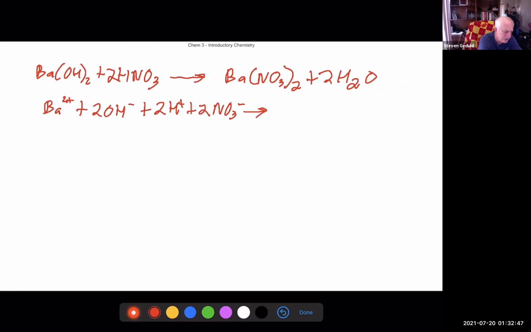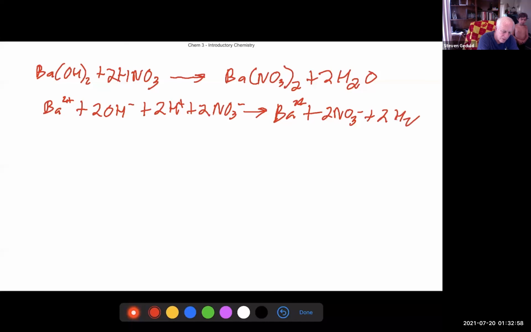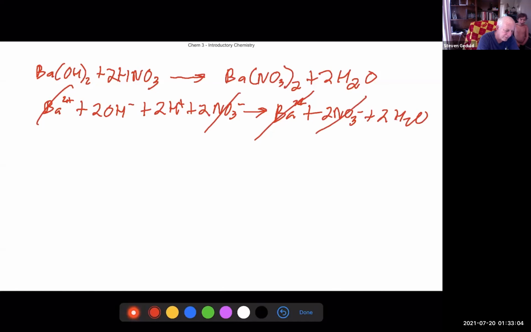And then the other one, salt breaks apart, Ba2+ plus 2 NO3 minus plus 2 H2O. And again, get rid of the spectator ions, and you're left with H+ plus OH minus goes to H2O.